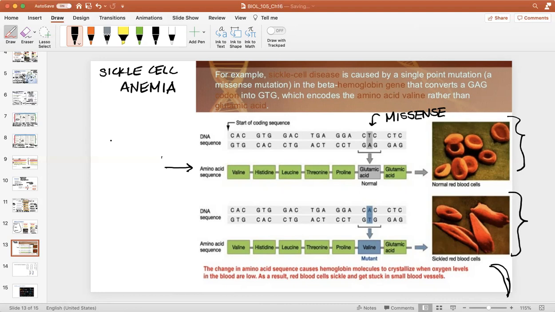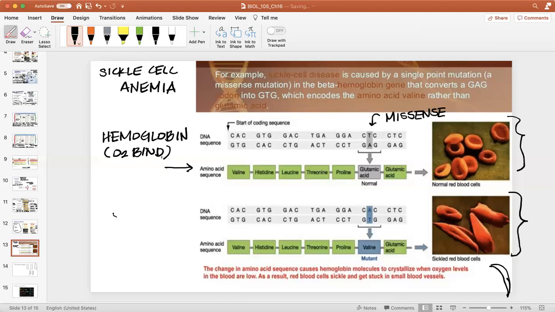This is actually part of the gene for hemoglobin, which I'm sure you've heard of. Hemoglobin is the protein that binds oxygen inside of your blood cells. So this is part of a normal hemoglobin gene, okay?